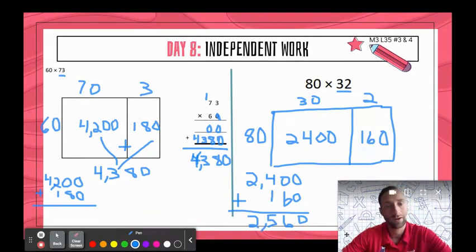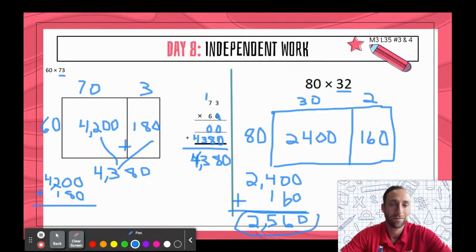Awesome. And our answer for 80 times 32 is 2,560. Really great job by you guys today, continuing some challenging multiplication work, 2 by 2 digit problems, okay? And we got 2 strategies for them, so get used to them. I think they're going to help you be really successful. That's the area model and the standard algorithm.